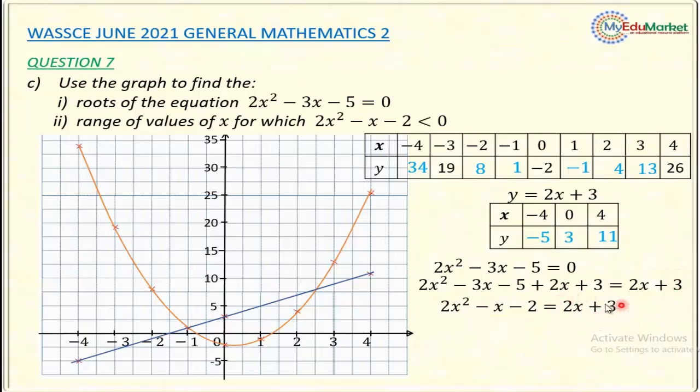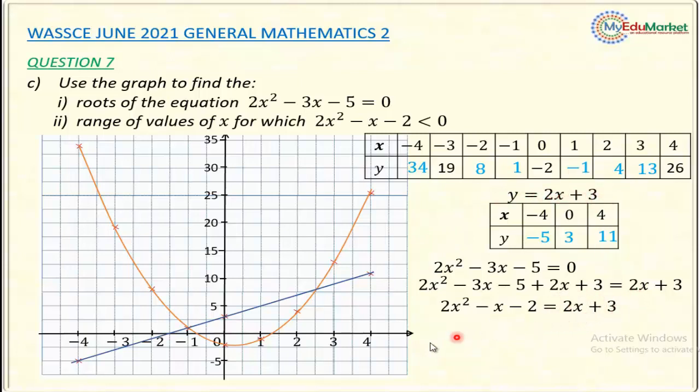But looking at the right hand side, and looking at the straight line that we have drawn, y equals 2x plus 3, they are also the same. They resemble. This is 2x plus 3, this is y equals 2x plus 3. So this straight line that we have drawn, this is the relation y equals 2x plus 3, and it is the same thing as my right hand side here.